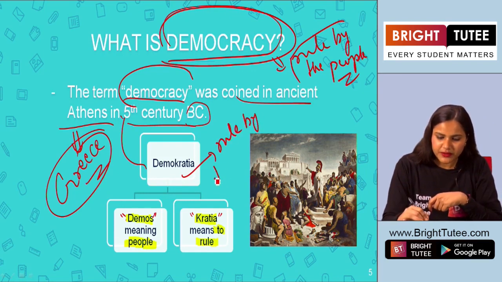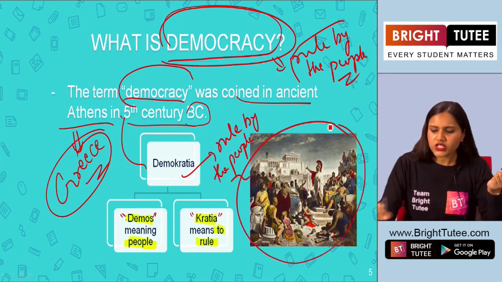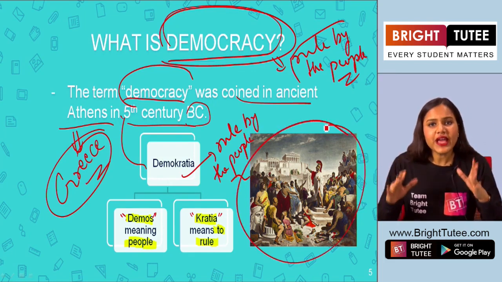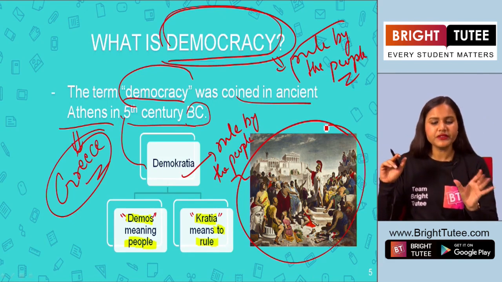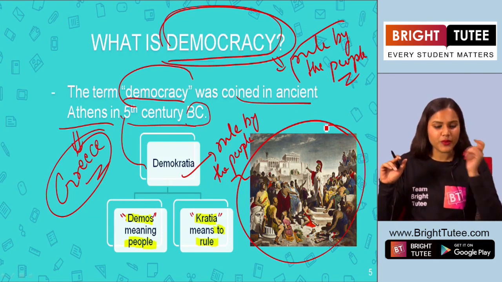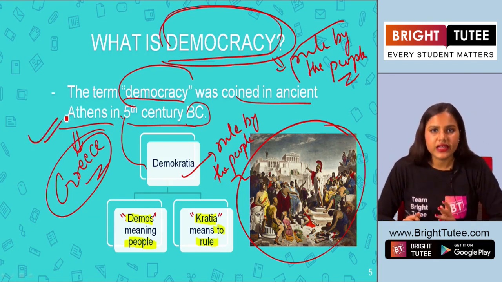Now, if we combine the terms again, that is demokratia, in simple terms we can say that it means rule by the people. So, according to the historians, the political philosophers and so on, we have understood that the term democracy was introduced when? In the 5th century BC in ancient Athens.